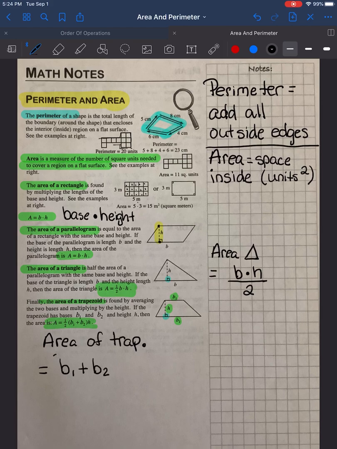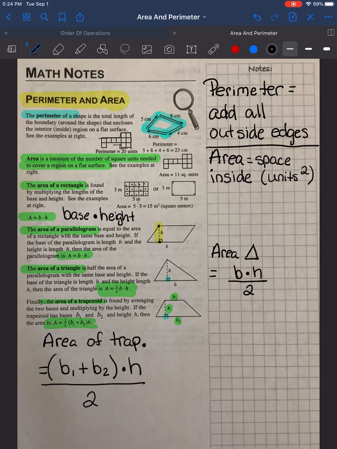They're parallel. You're adding them together, so it really doesn't matter which one you do first. Base 1 plus base 2 times the height. That's that how tall is it line. All of that divided by 2. So it's the same formula. It's just another way to write that formula.